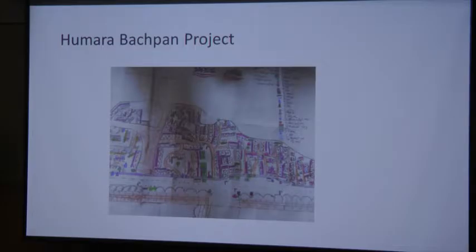I thought this was a very interesting project. It's called Hamara Bachpan. Hamara Bachpan means, in Hindi, our childhood. This NGO worked with the children of a slum to do mapping, okay?